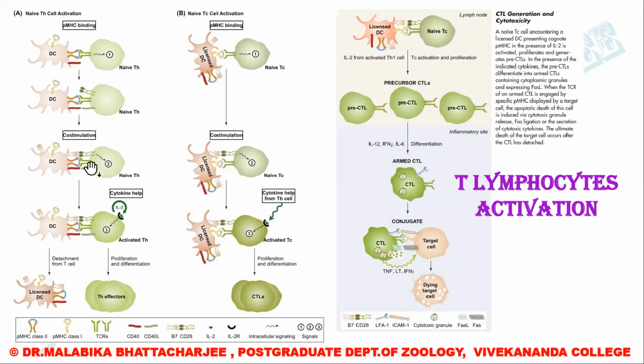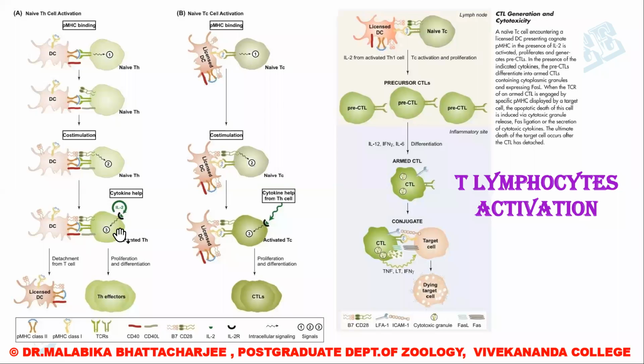The third function is the upregulation of additional co-stimulatory and regulatory molecules in both T helper and T cytotoxic cells. And the fourth function of this co-stimulation is that intracellular signaling supporting T cell survival, proliferation, and metabolism is promoted.